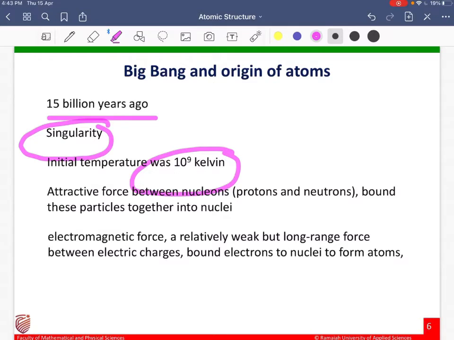In particular, the strong force, a short-range but powerful attractive force between nucleons, which means protons and neutrons, bound these particles together into nuclei. As the temperature fell still further, the electromagnetic force, a relatively weak but long-range force between electric charges, bound electrons to nuclei to form atoms, and the universe acquired the potential for complex chemistry and the existence of life.